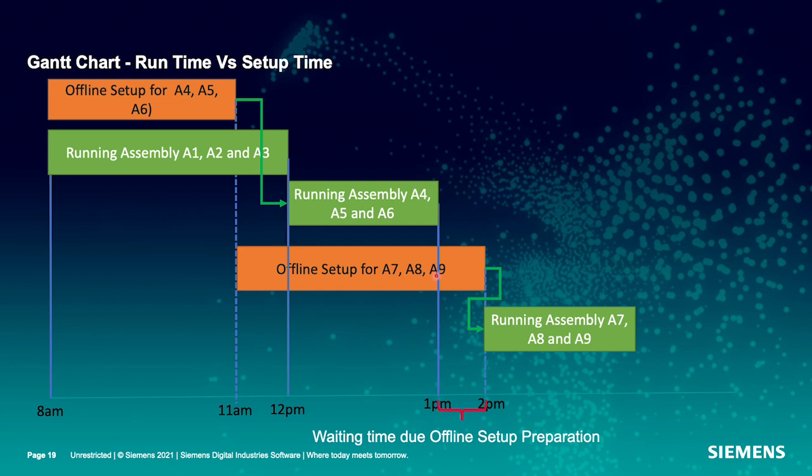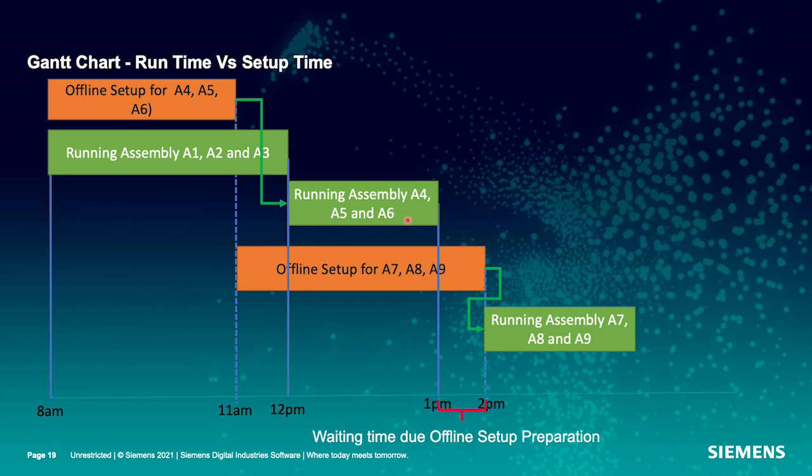So what's going to happen is the line will be waiting on the offline setup area to complete the next setup before it can change over. This causes unplanned downtime, and they all add up significantly in a high mix, high changeover environment, causing utilization loss. I like to call it death by a million cuts.